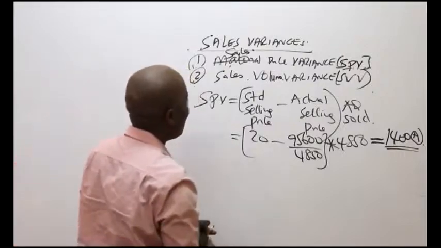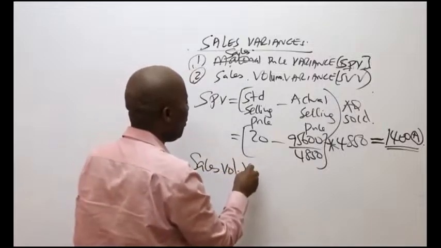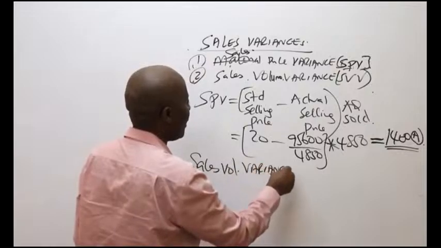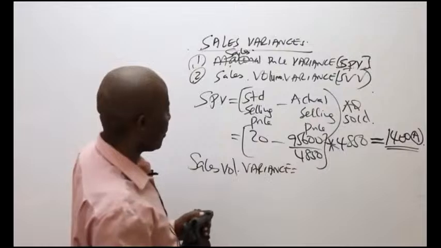So from there, come and give me the sales volume variance. How do I get the sales volume variance?